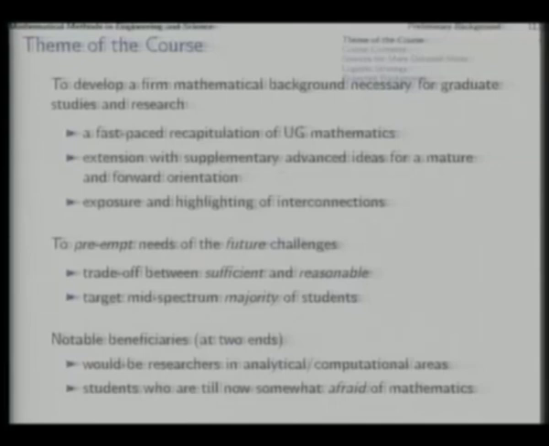And all through we will expose the students to the several interconnections between different areas of mathematics, and the highlighting of these interconnections will be one of the major focuses of this course.